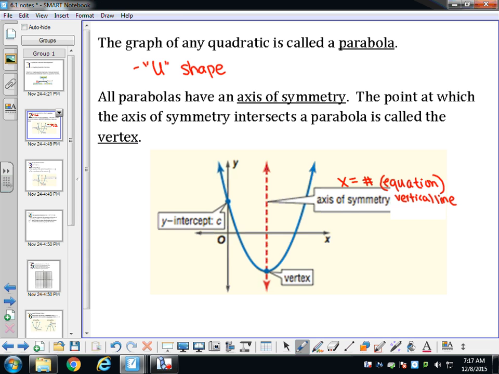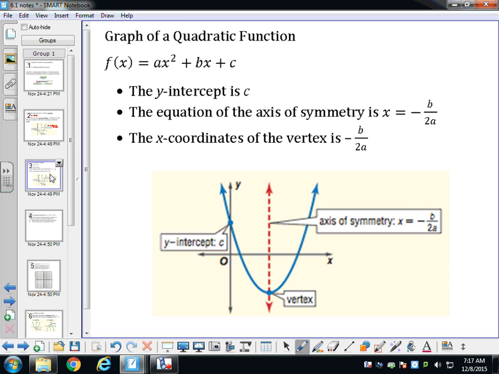Okay. So just a little bit more about the graph of a parabola. You're given the general equation f of x equals ax squared plus bx plus c. My y-intercept is always that c value, so it's always going to be 0, comma, whatever that c value is.